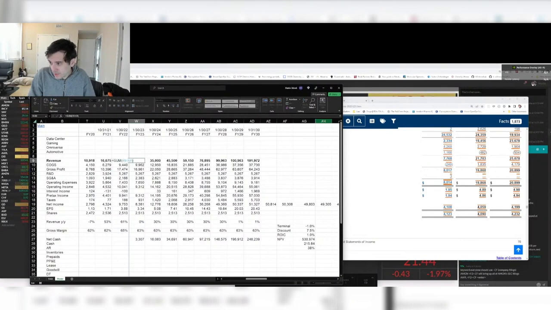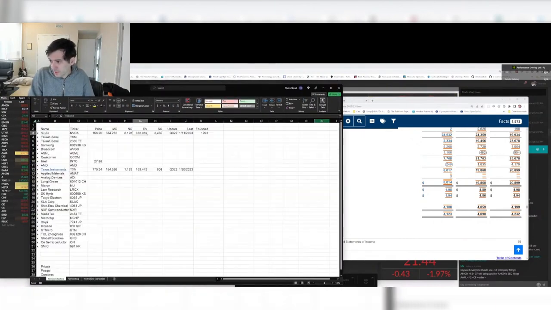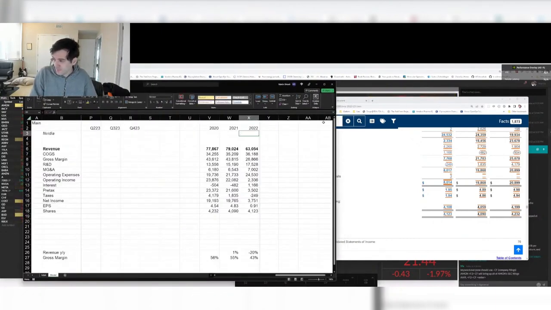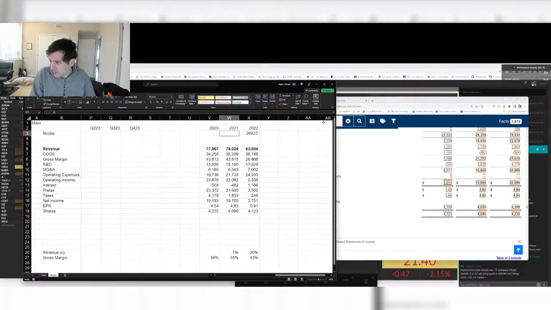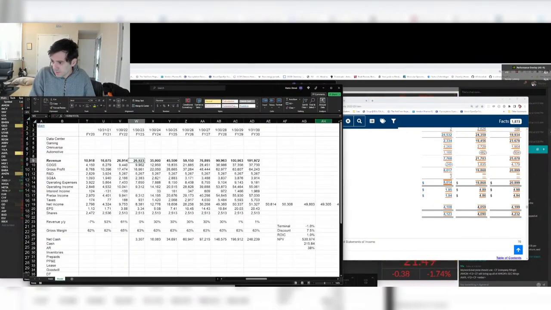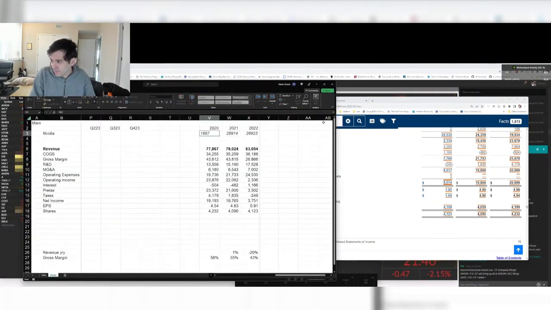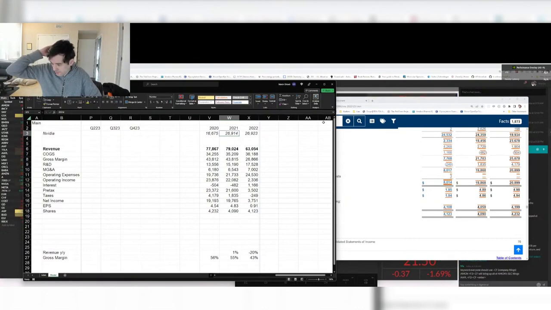So this is fiscal year ended 23. So this is sort of going to be like full year 2022. So let's put that in: 26,923, 26,914, 16,675. Okay, so Nvidia had a monster 2021, while Intel only grew 1%, and then Nvidia stayed flat, while in a tough environment, Intel dropped 20%.